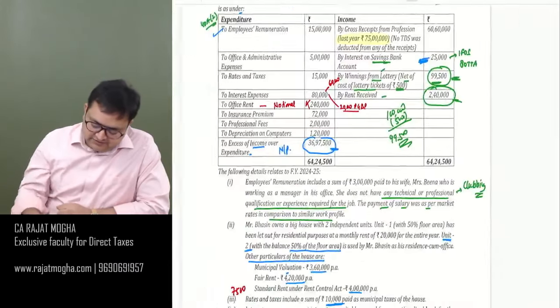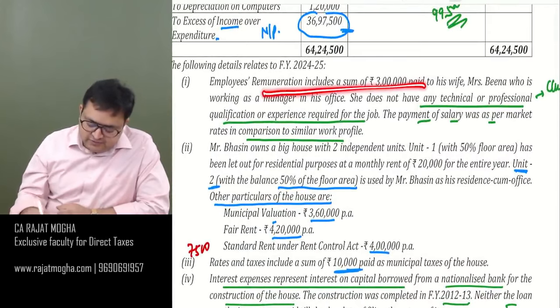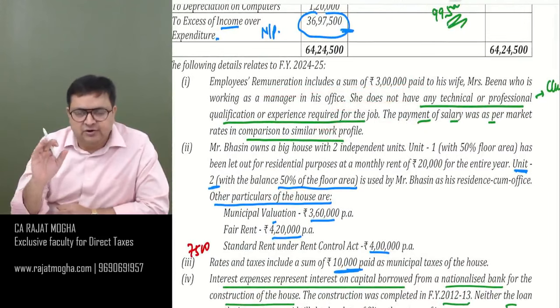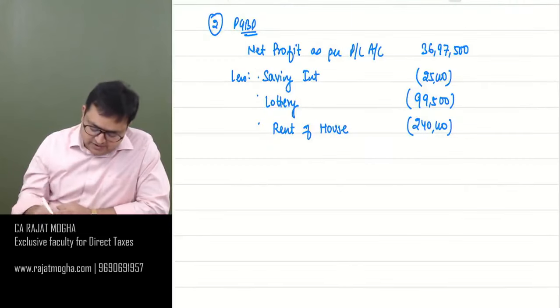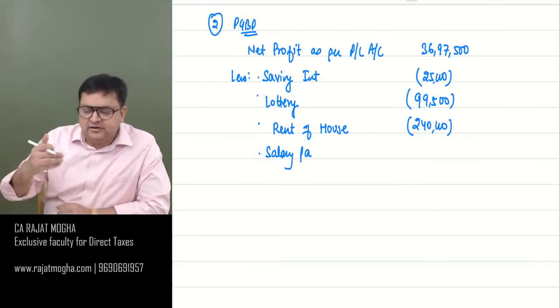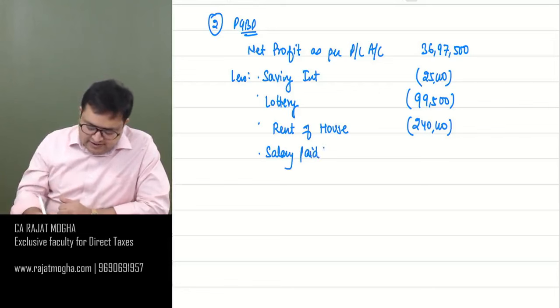Step number 4 says employee remuneration includes 3 lakh rupees, which is as per the market standard. So we will not do anything, but we will write it over here. Salary paid to spouse, either you can give it as a note or you can show it here.